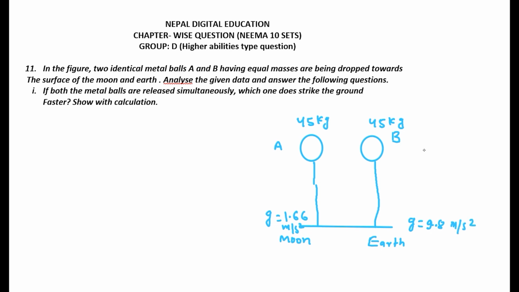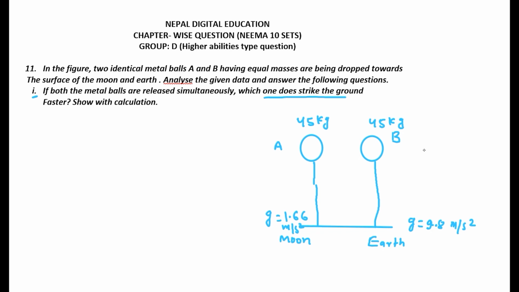Analyze the given data and answer the following questions. In question number one, if both the metal balls are released simultaneously, which one strikes the ground faster?